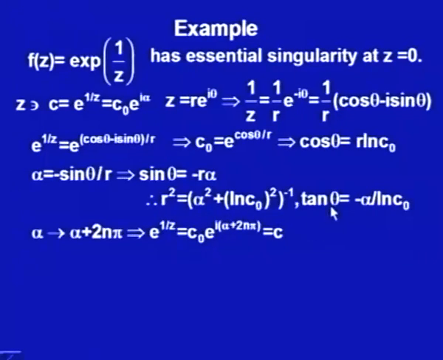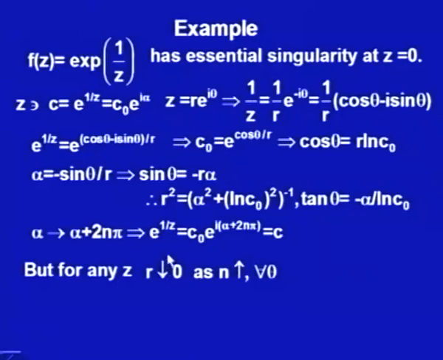What will happen to theta? Theta is minus alpha plus 2 n pi, that will not change, you can check it. So, what I would get for any jet is that as r approaches 0, or as n increases, this holds for all theta.